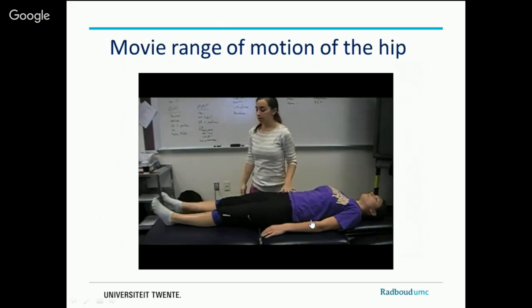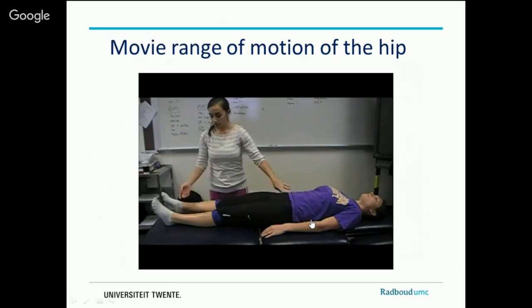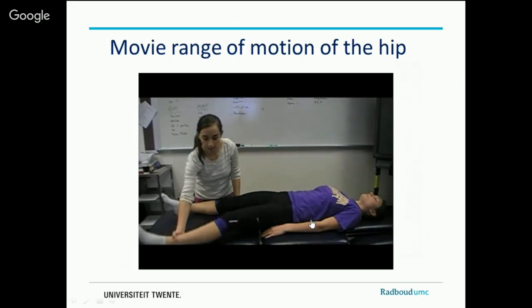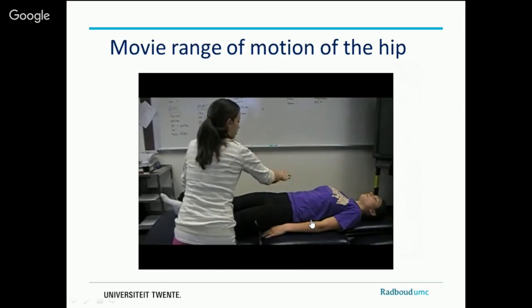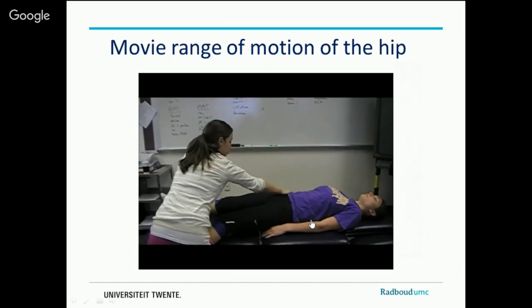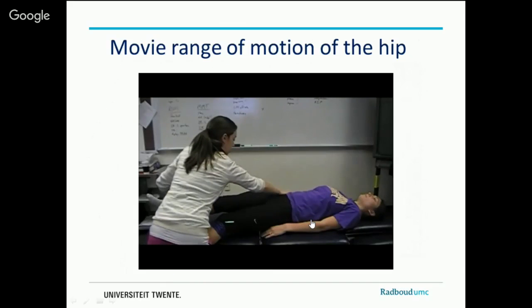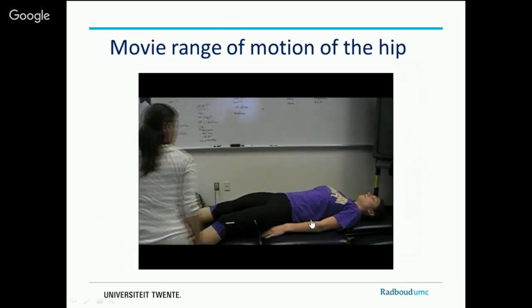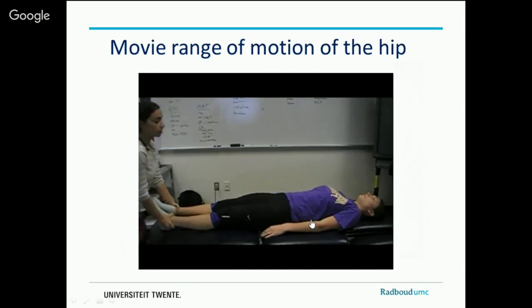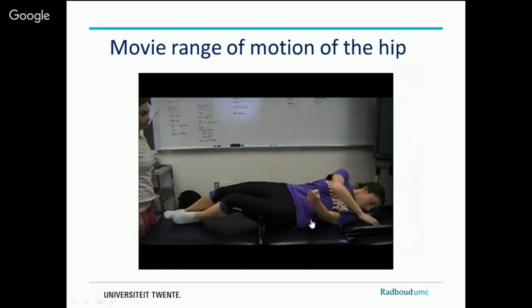Then you can bring the patient into adduction by moving this leg off the table, coming to the other side, stabilizing ipsilaterally, and then bringing the patient into adduction, just like that. To measure extension, you can have the patient turn prone.